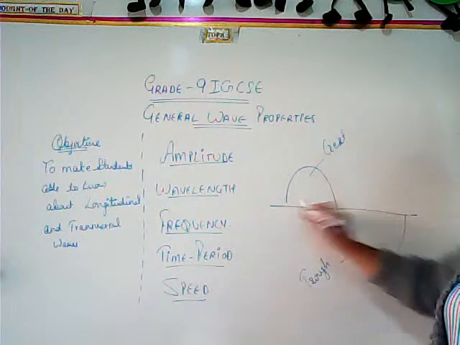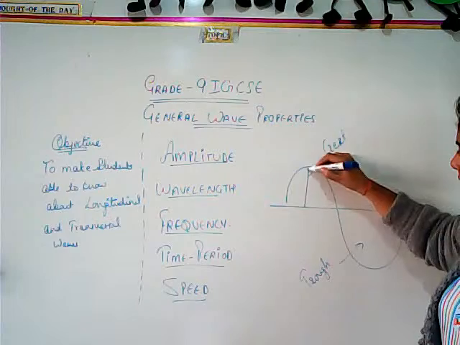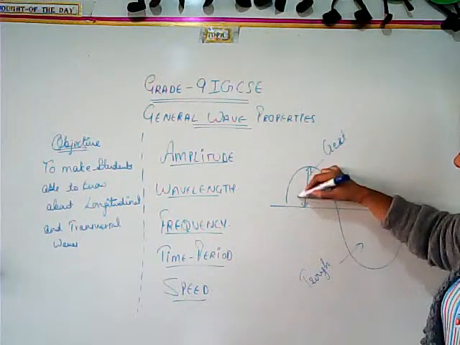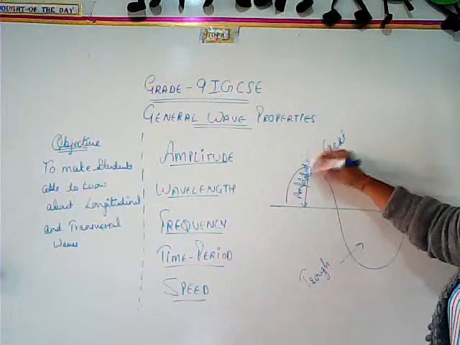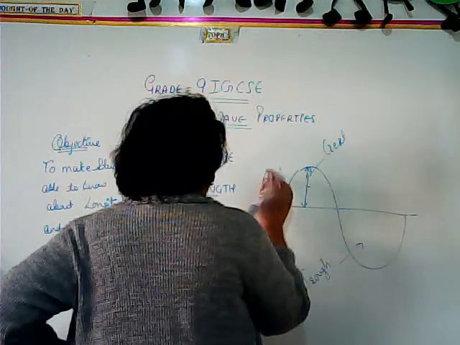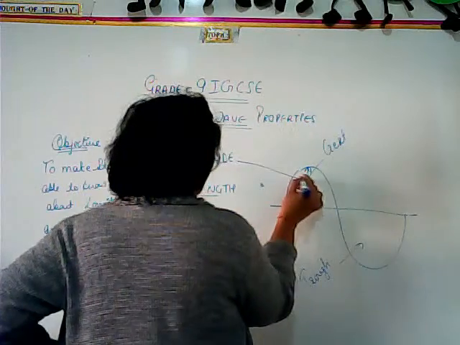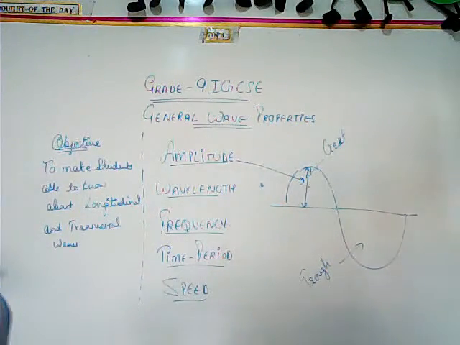Now from the principal axis, how high your wave is, this is going to tell you its amplitude. इससे आपको क्या पता चलेगा? The amplitude. This factor is called amplitude.